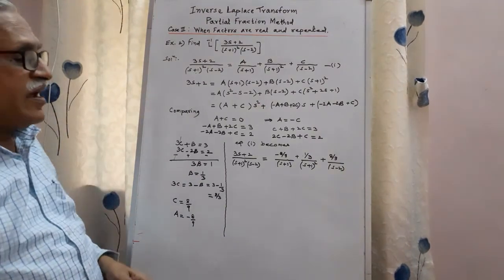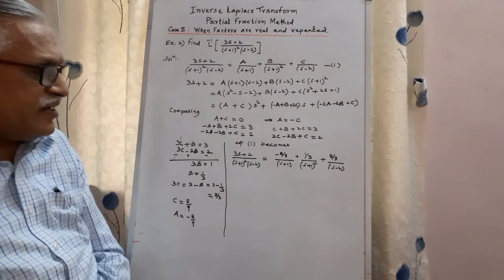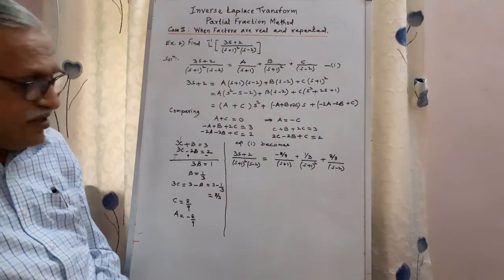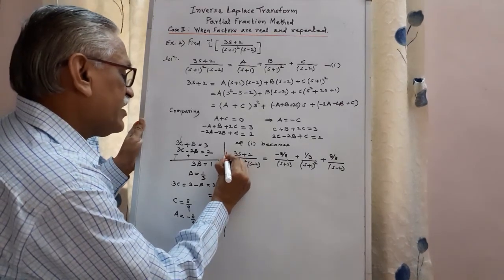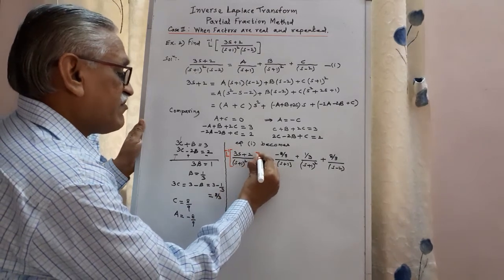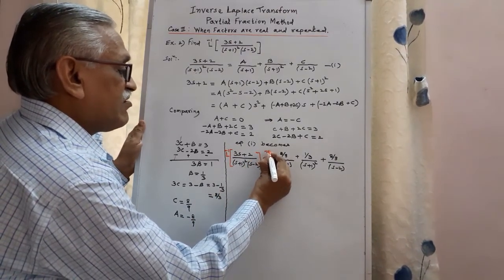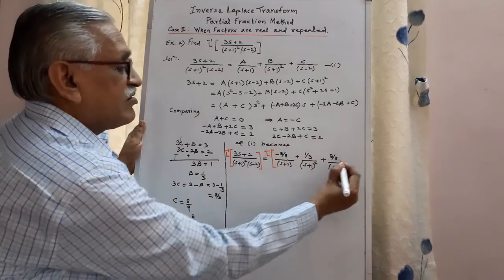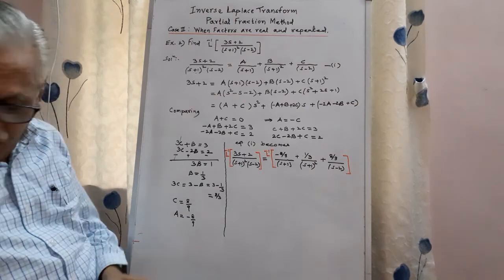Okay, and then after substituting the values, we take the inverse on both sides. Therefore, taking inverse on both sides, inverse of left hand side, inverse of right hand side. Okay, and then individual inverse.